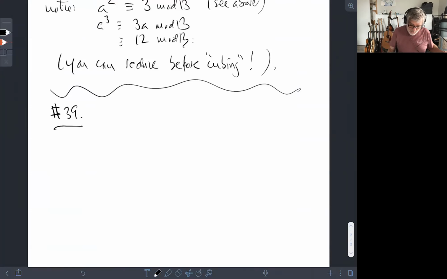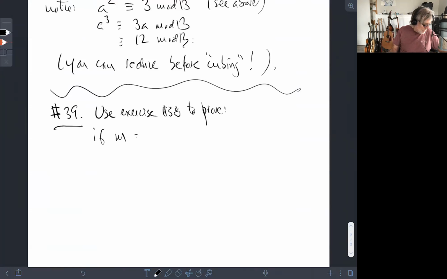Okay. So 39 is use exercise 38 to prove that if you have an integer of the form 4k plus 3, if m is 4k plus 3, then it cannot be the sum of two squares.